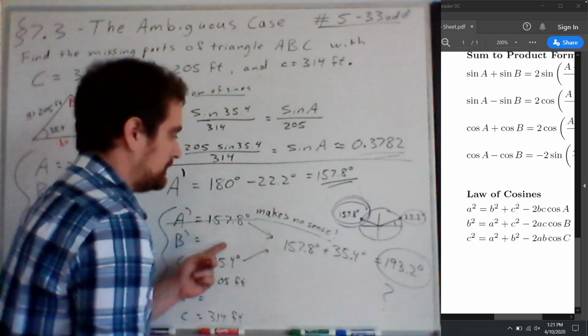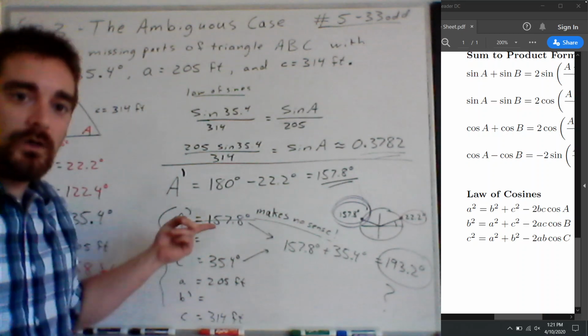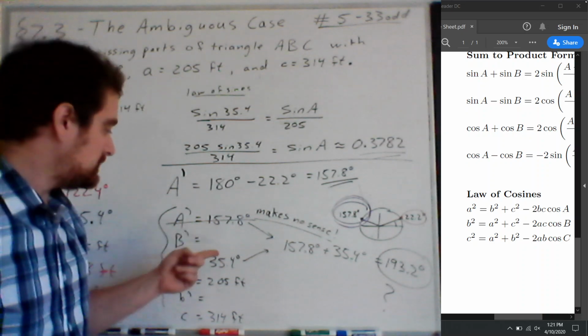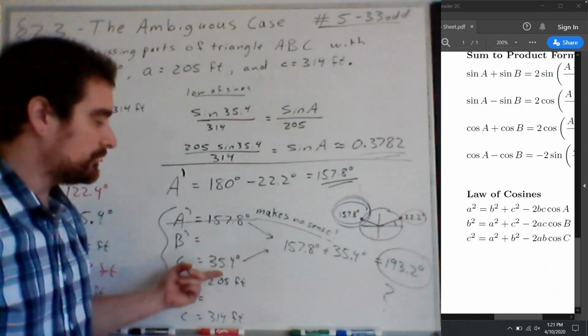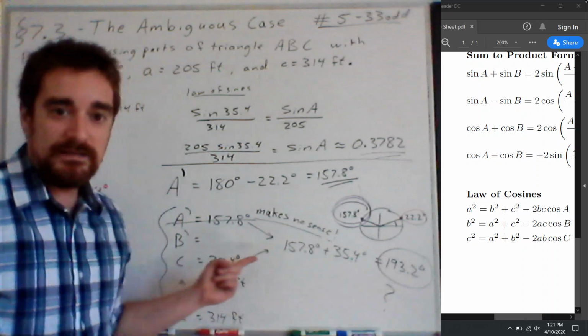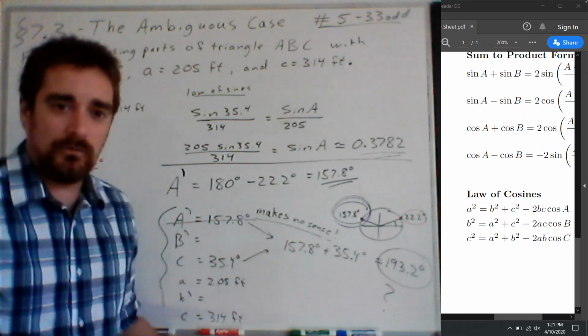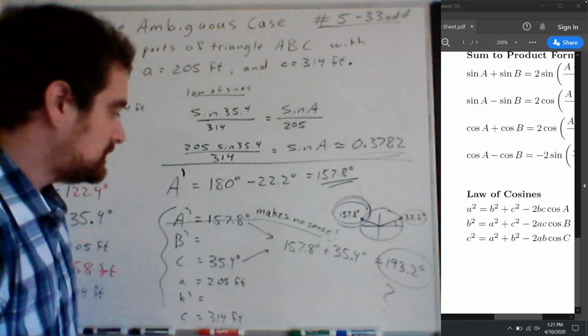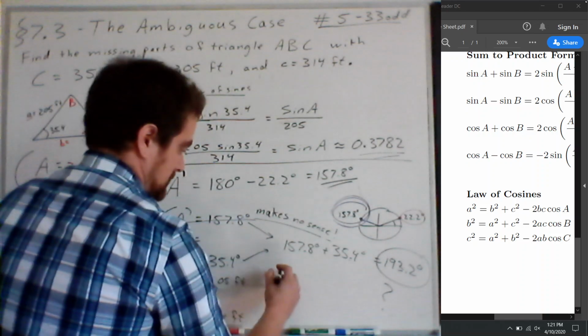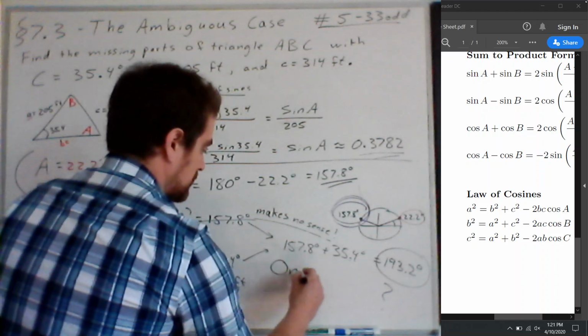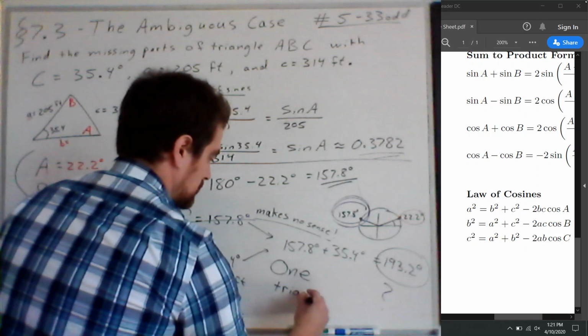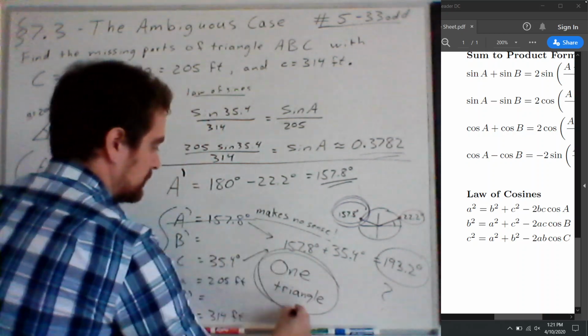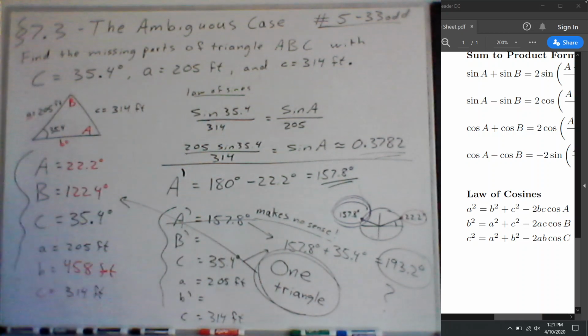It makes no sense to say, oh, well, I've got 157.8 degrees in one angle and 35.4 degrees in another angle. B prime would have to be a negative angle, right? Not going to happen. So this is a situation where there is no second case. This is just one triangle. And so we're stuck with one triangle, namely this one.